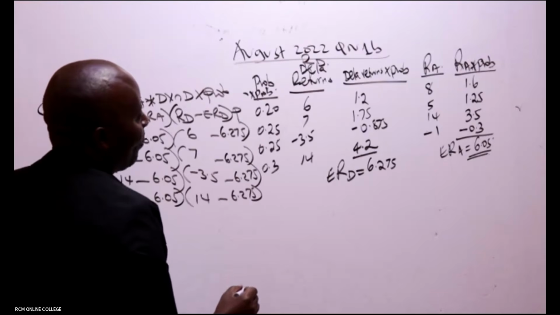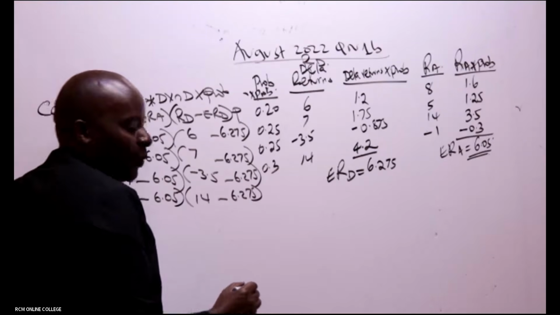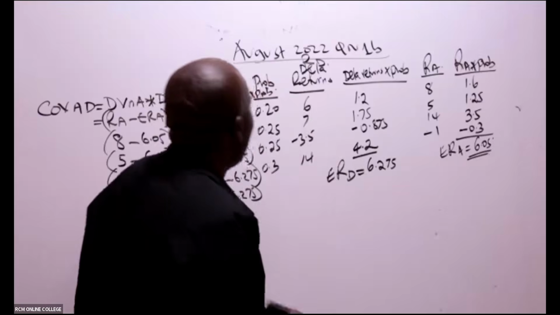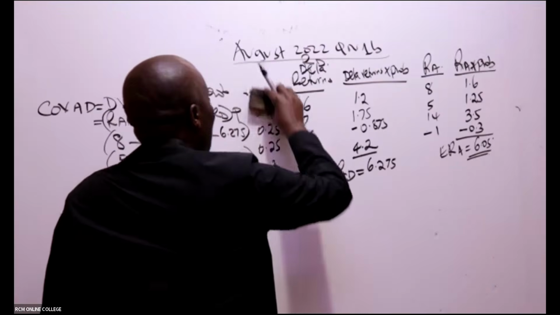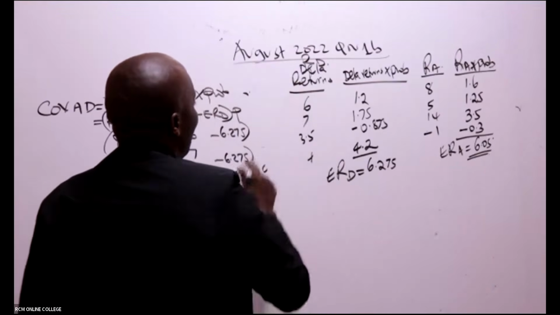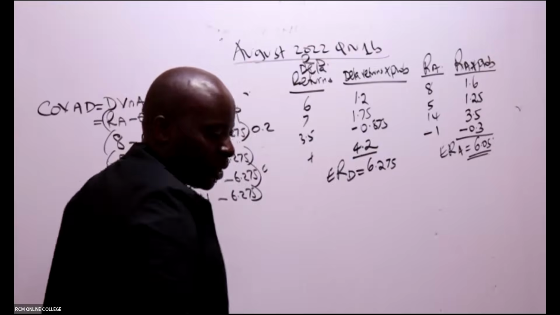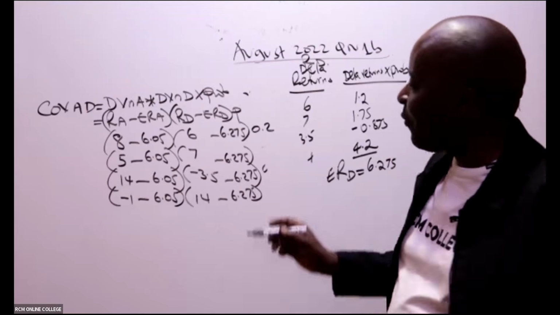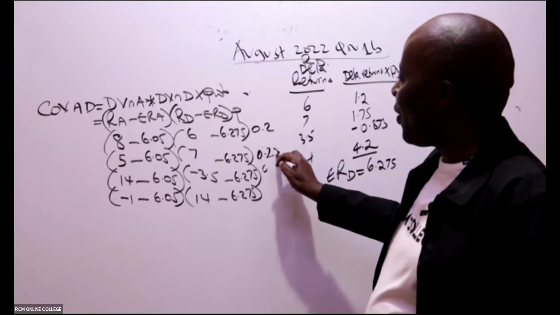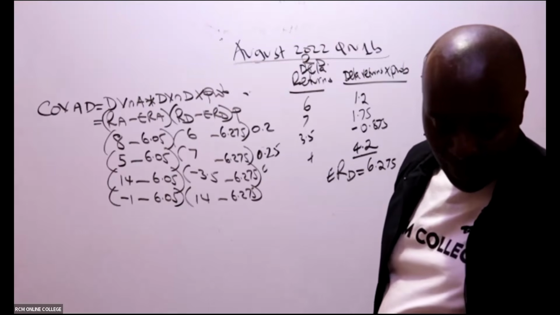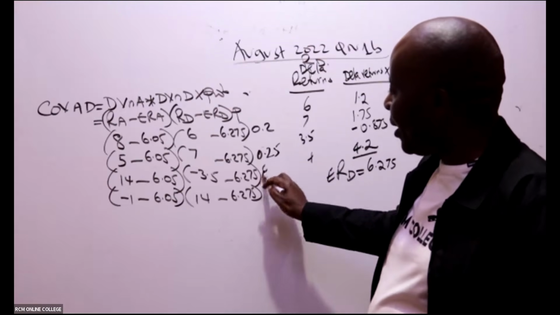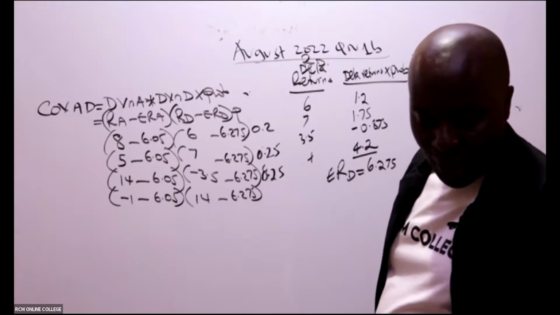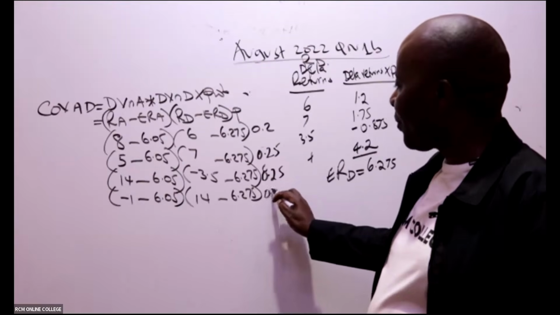Now I have my probabilities. Our probabilities are here: 0.2, then 0.25, 0.25 again, and lastly 0.3.